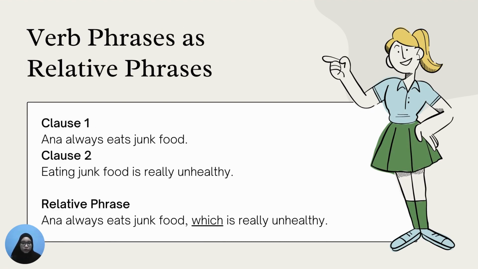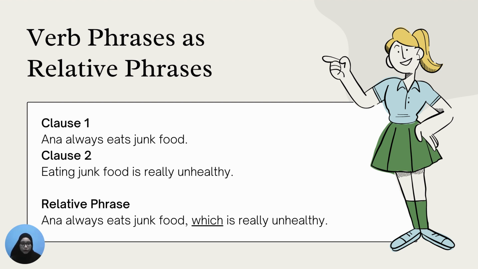Next, even though relative clauses are typically used for shared nouns, you can also use verb phrases as relative phrases. In clause 1, Anna always eats junk food. Clause 2, eating junk food is really unhealthy. In the example relative phrase that I have given here, it sounds like Anna always eats junk food, which is really unhealthy.